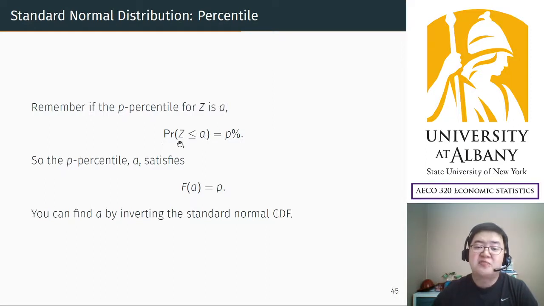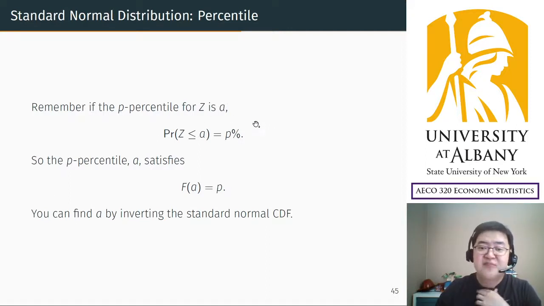Like what is the probability smaller than -1 or smaller than 2? Then I gave you the value a, and you have to find its probability p using Excel or a table or a program. So a was given and p is what you have to solve for.